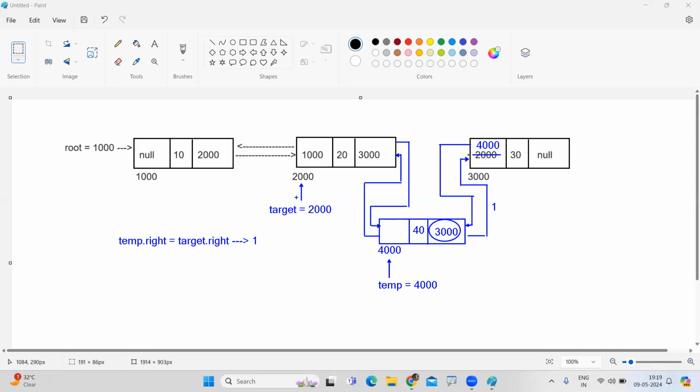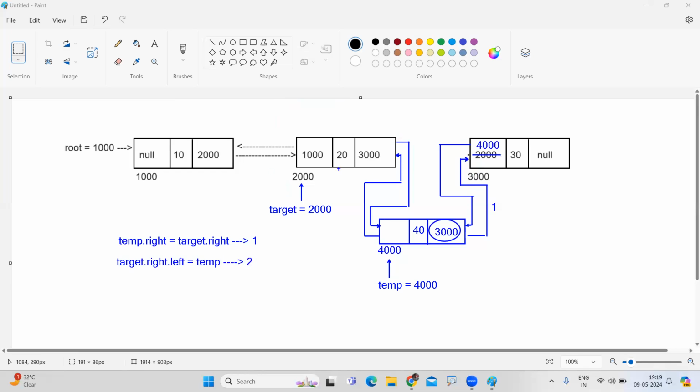Target is 2000. 2000 to right is 3000. 3000 to previous, 3000 to left is location. In that location, temp value should store.